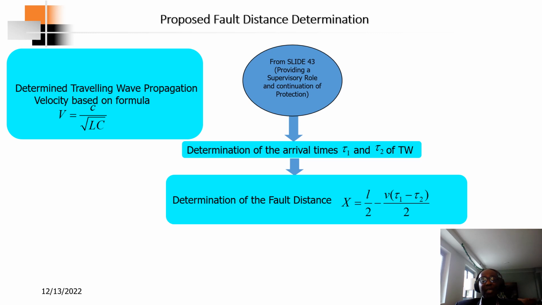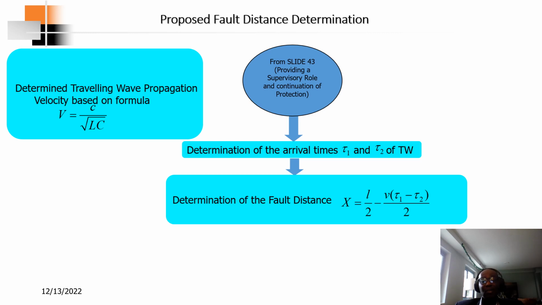So that takes us to the next slide, where, providing a supervisory role from the other slide, we determine the arrival times of the traveling wave. The arrival times of the traveling wave can be determined using support vector machines during processing. Then from there, I can calculate the velocity. I know C, which is the capacitance of the cable, and I know L, that is the cable inductance.